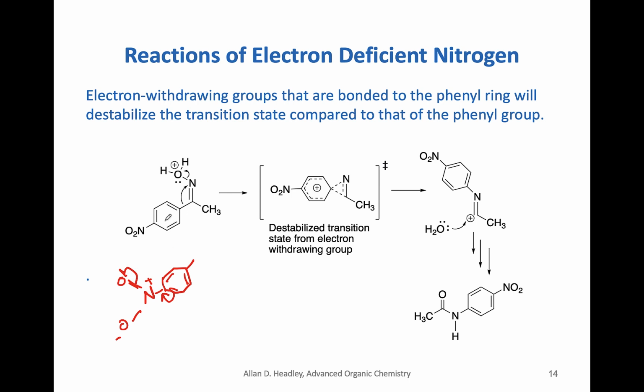So it's taking electrons from the ring onto the nitrogen. That's why it's called electron withdrawing group. As you can imagine, if we're pulling electrons from the ring here, which is already partially positive, it will be further destabilized here, and a slower reaction here, higher activation energy, less stable, to get here the product.